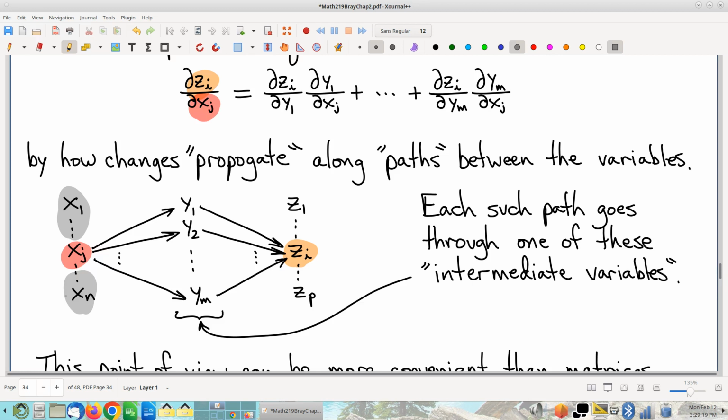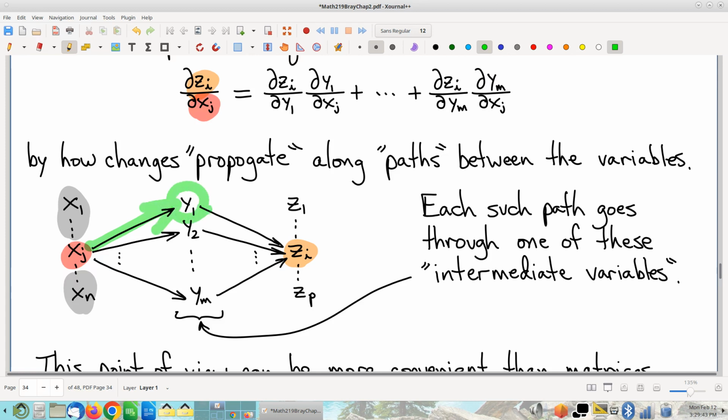And I propose, and this is just why I like to think about it, there's different points of view, I'm sure. I propose that when you change xj, that's going to cause a kind of a cascade of different changes that we can just keep track of. So in particular, when you change xj, that will cause y1 to change.